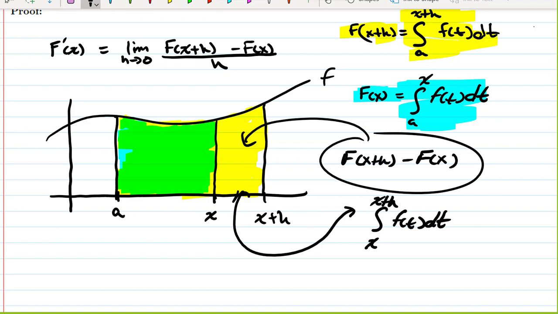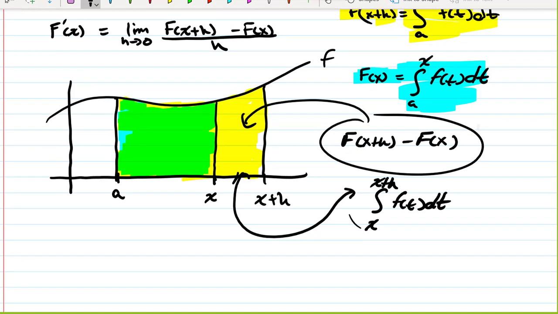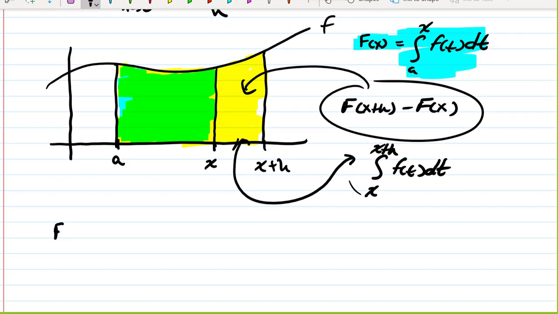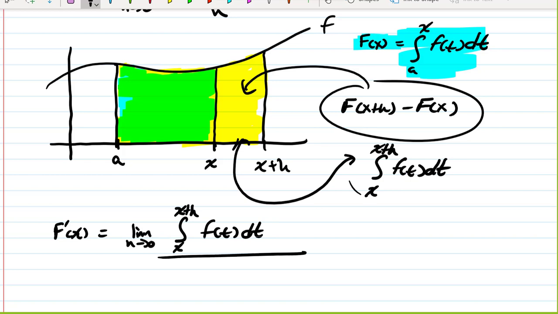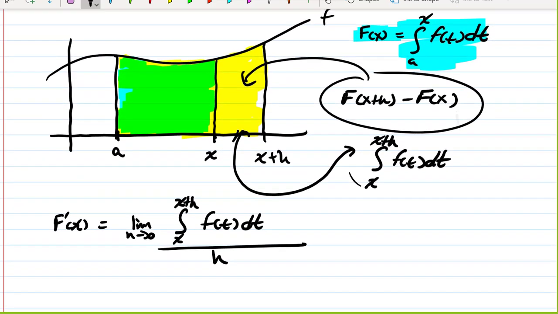So this whole thing, F of x plus h minus F of x, is equal to this. So now putting that back in, we would have F prime of x is equal to the limit as h goes to 0 of the integral from x to x plus h of f of t dt, all divided by h.